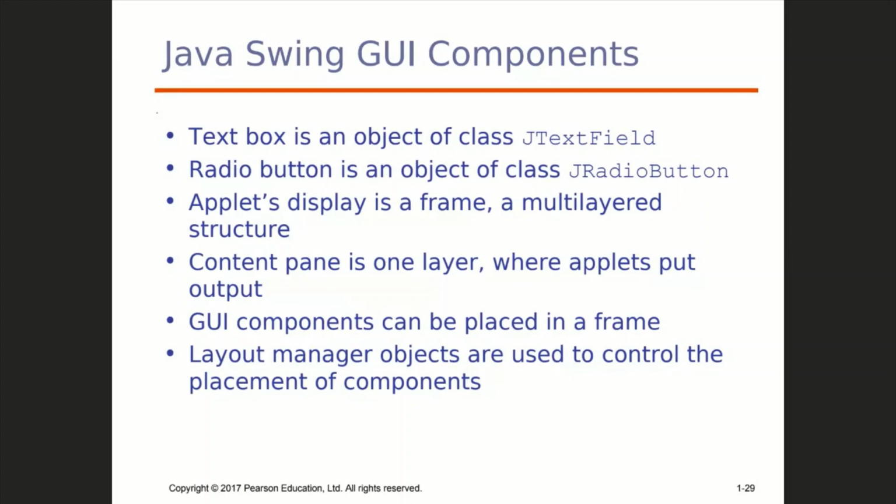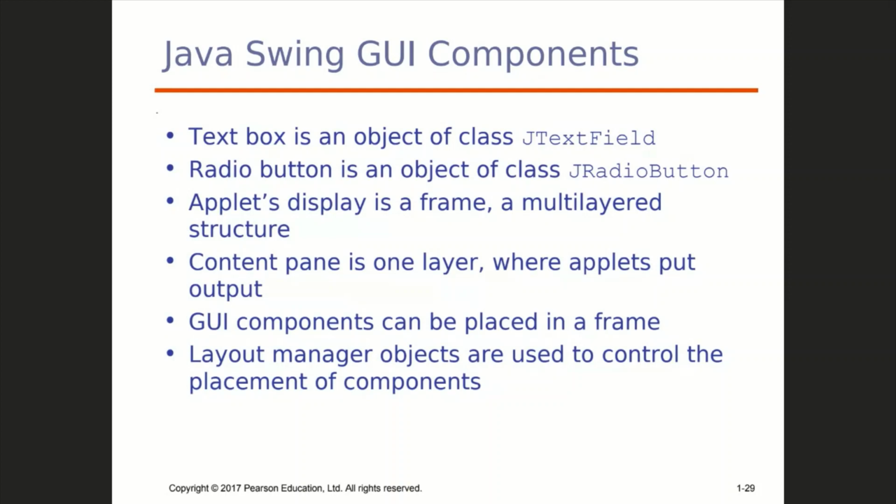Applet will give you a feeling of the JFrame, but it's a little different. It's a multi-layered structure, but it's very close to JFrame. The content pane is one layer where you put all your components.